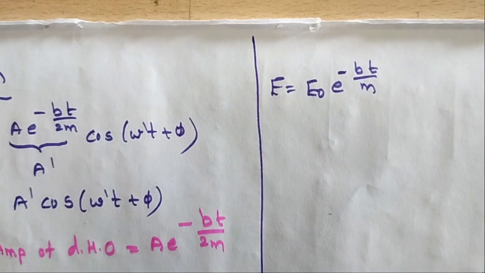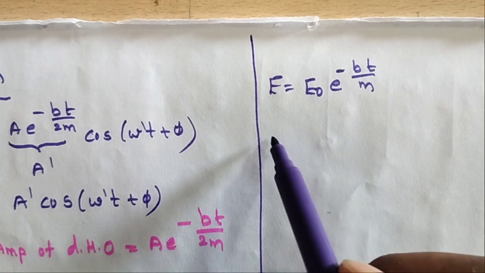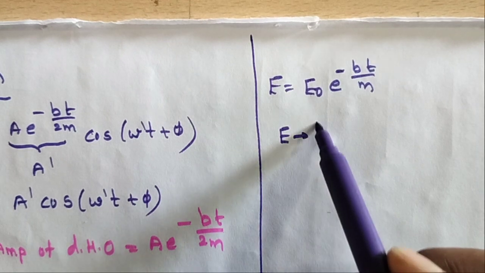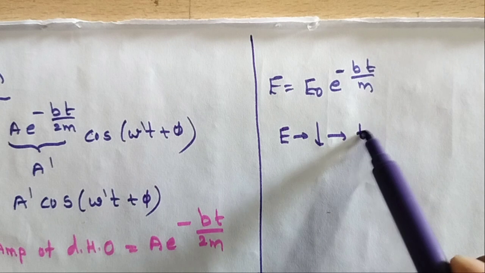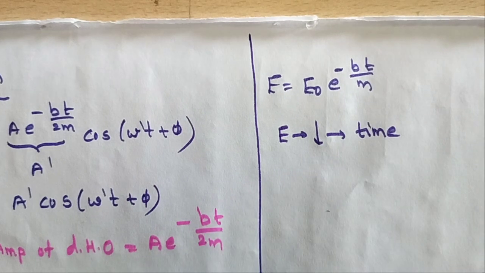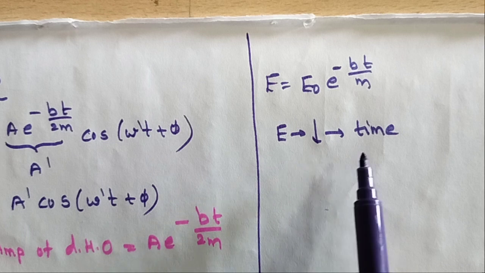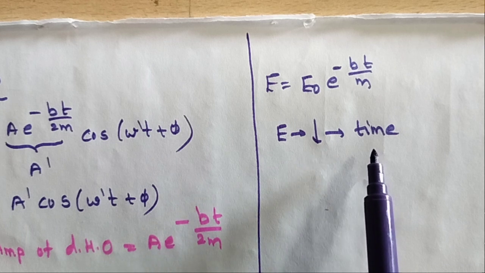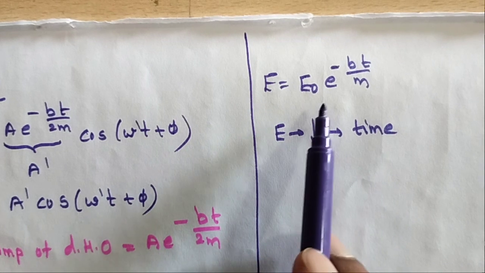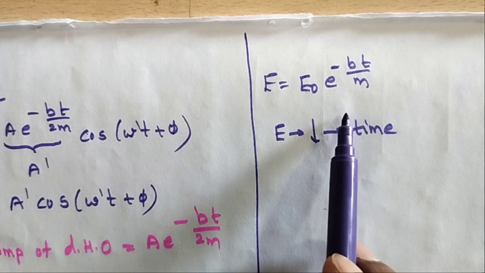This is the energy of the damped harmonic oscillator. This energy continuously decreases, that is, dissipates, with respect to time.